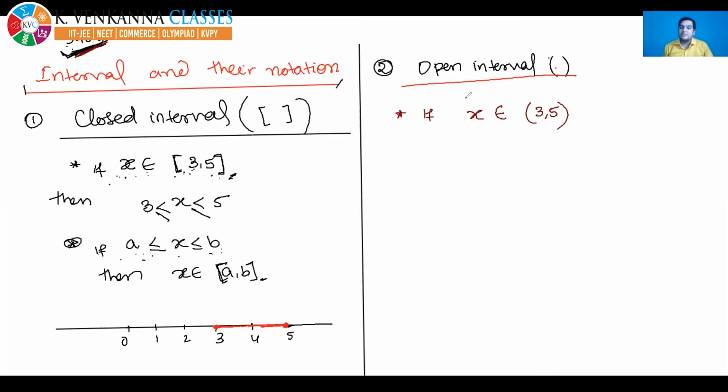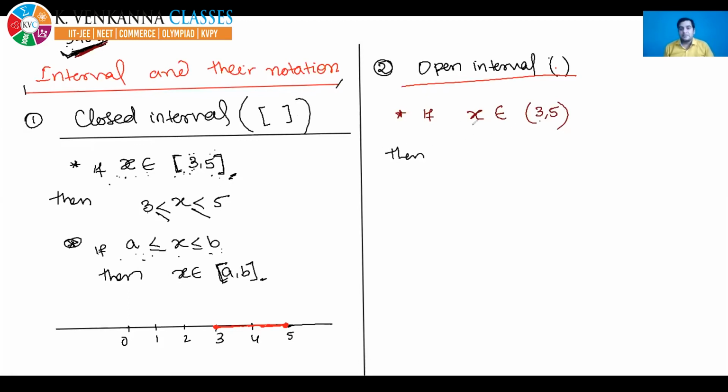Since at 5 it is open, x cannot be equal to 5. So 3 and 5 are excluded; in one word, the boundary values are excluded in the open interval. In a closed interval the boundary values are included, but in an open interval the boundary values, 3 and 5, are excluded.